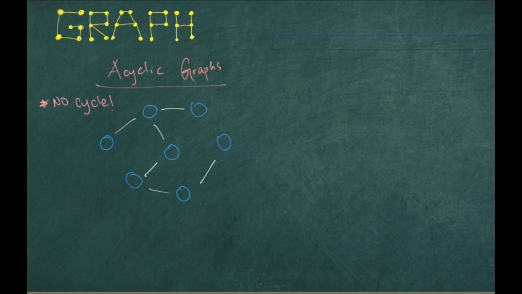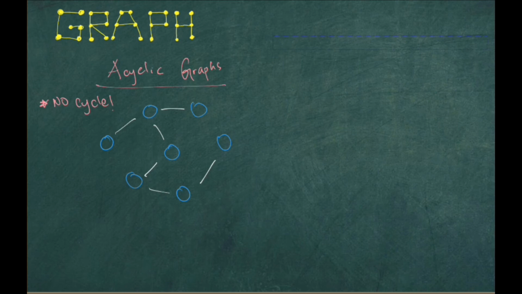Now, actually, this might be a little bit non-trivial because finding a cycle isn't always going to be easy, especially if the graph is very large. But let's just understand the concept that acyclic graphs can be useful.